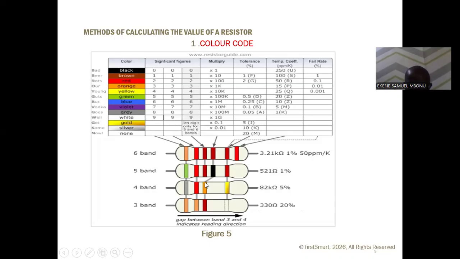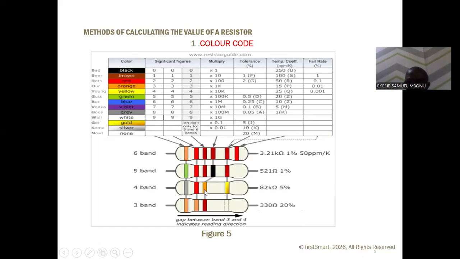I take this one again. This color is gray. Look at it. Gray. This one is red. So we have 8-2.